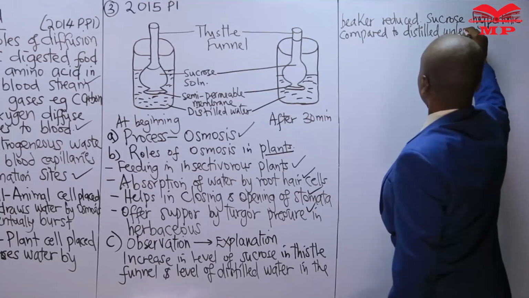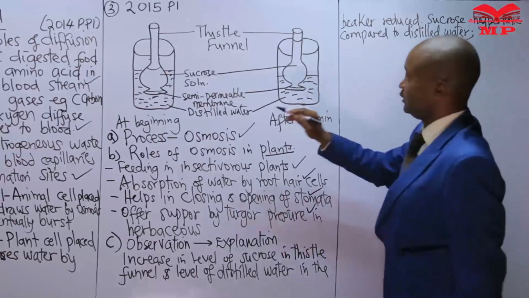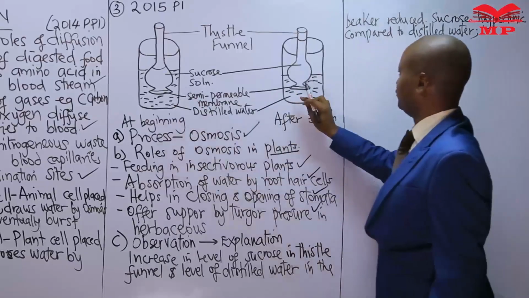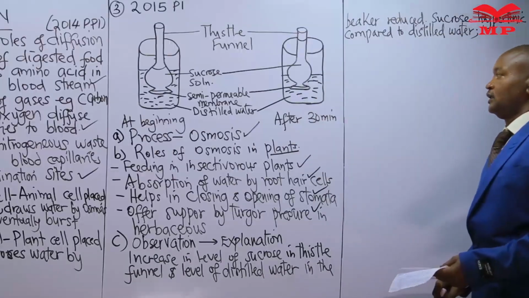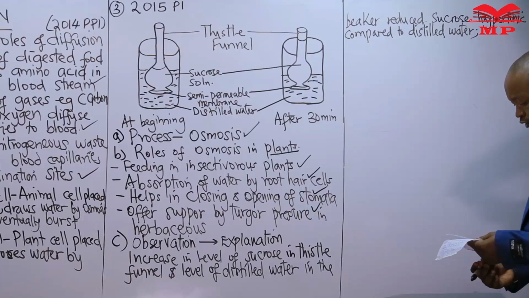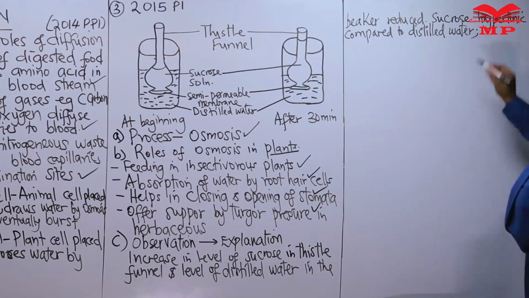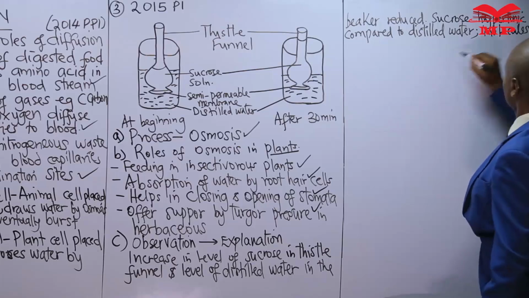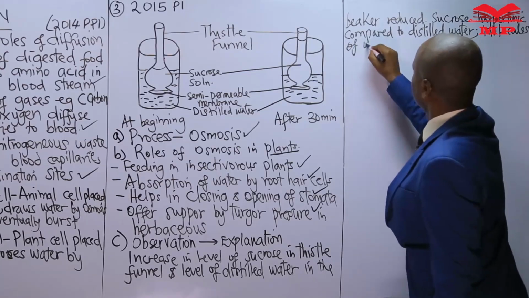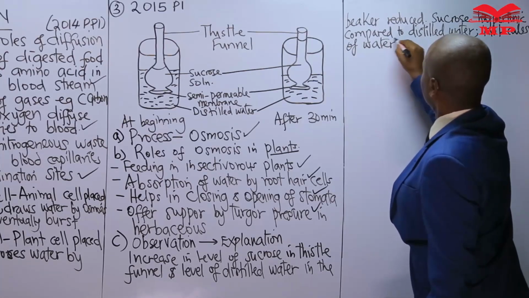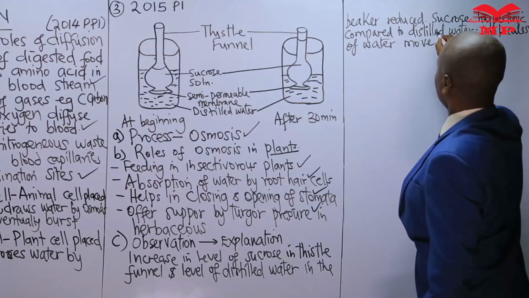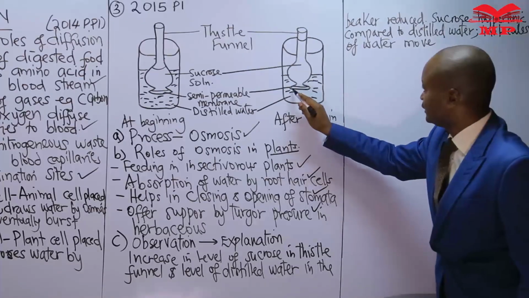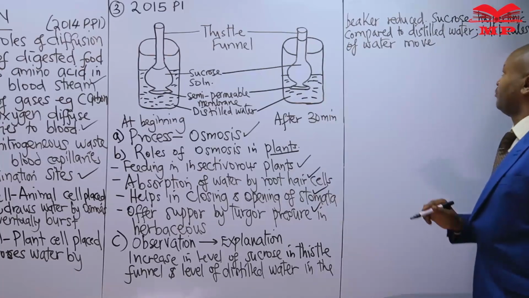Once it is hypertonic, that means the concentration is higher here and here it is low. So water molecules will move into the sucrose solution as compared to that. So molecules of water move, and since they are molecules of water, they are moving through this semi-permeable membrane because it has got openings.